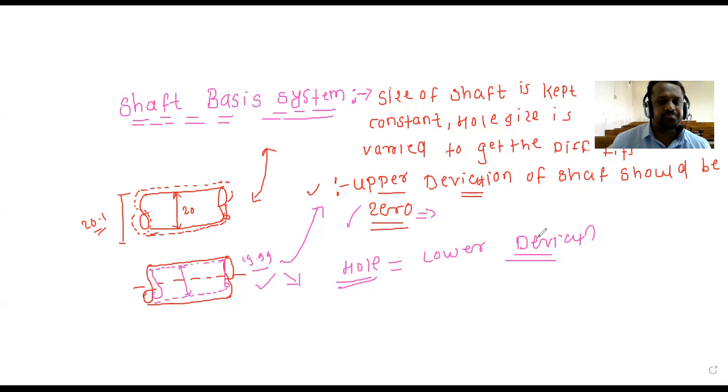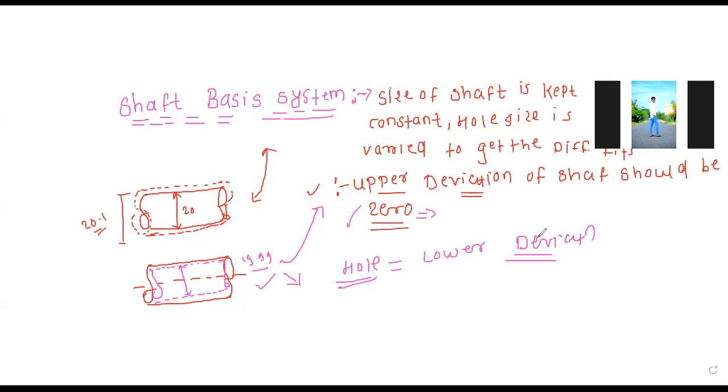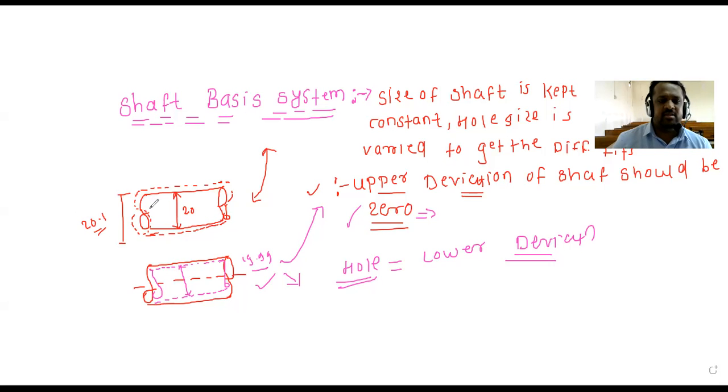Okay, so understood? Have you understood the shaft basis system and hole basis system? Yes, sir. Then can anybody guess which system is feasible? Is the shaft basis system feasible or the hole basis system?